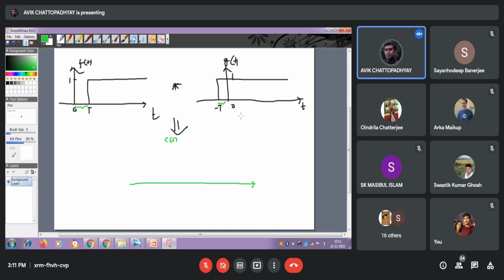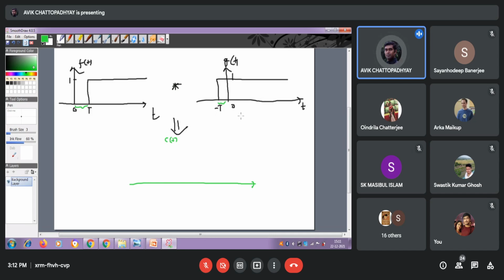What I told just a few minutes ago: after flipping, if you find any overlapping portion, that will correspond to C0, meaning the value of CT for t equals 0.